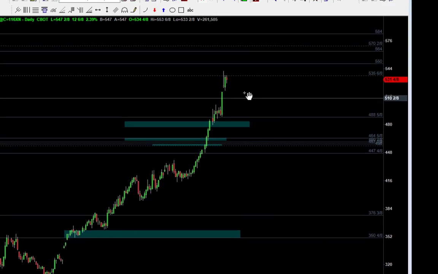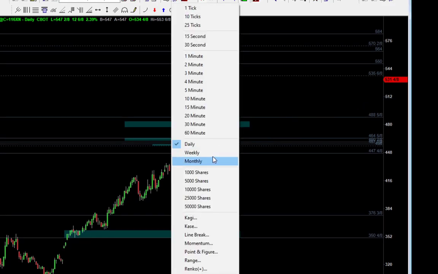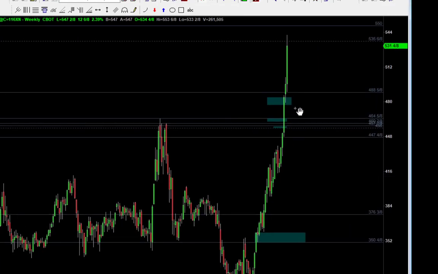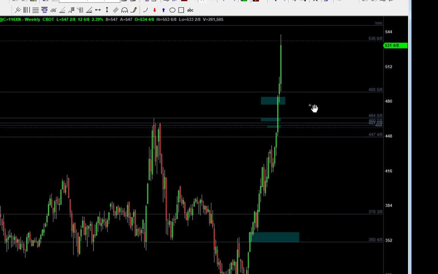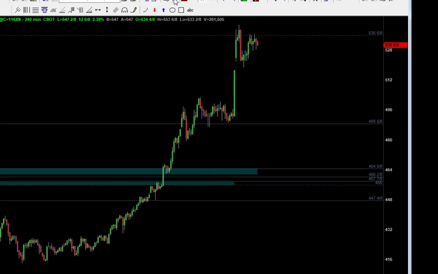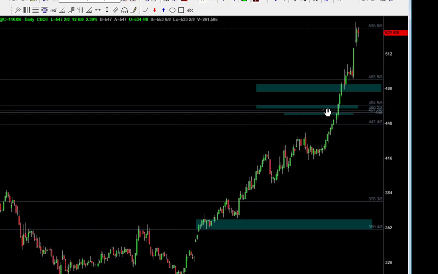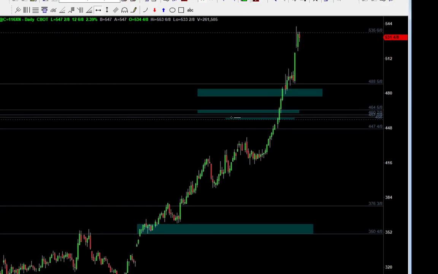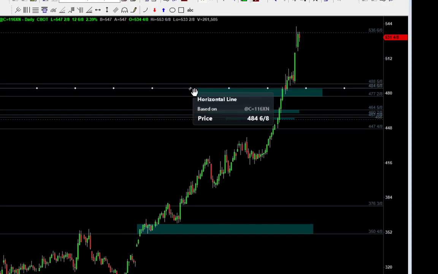Right there. And on the weekly, yeah, that's that bottom pivot. Why does it not show up on this? Sorry, I'm just gonna have to do this. My apologies. That's why I couldn't see where I am. Didn't count.